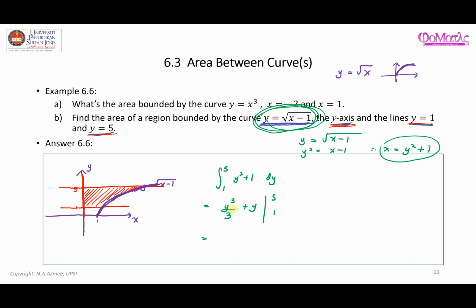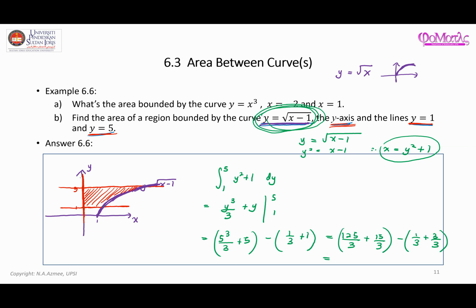The limit is from 1 to 5, and this becomes 5 to the power of 3 over 3 plus 5, minus 1 over 3 plus 1. This becomes 5 to the power of 3 is 125 over 3 plus 15 over 3, minus 1 over 3 plus 3 over 3.